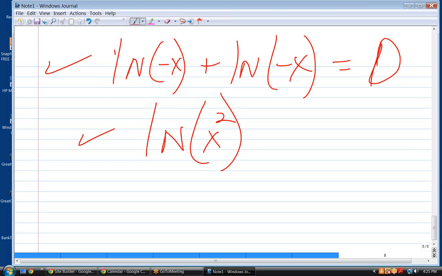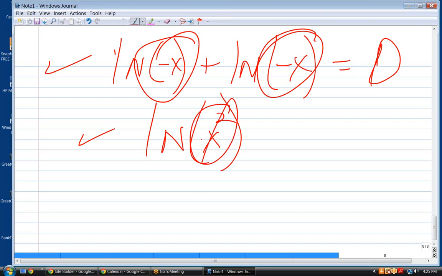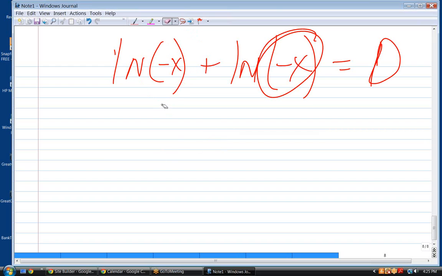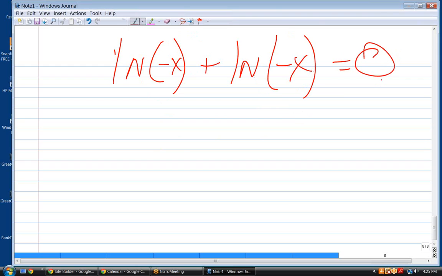If x isn't negative, I'm violating both of these domains. Once you've compressed it, it becomes x squared, and no matter if x is negative or positive, this would be positive. So you've got to be a little careful with these compression rules. It seems odd that they tell us a rule for logarithms, and yet it's not exactly an ironclad rule. It certainly is not a rule for checking domains.